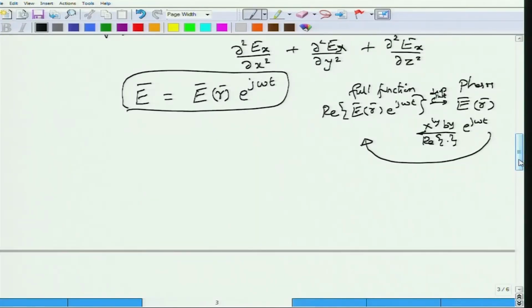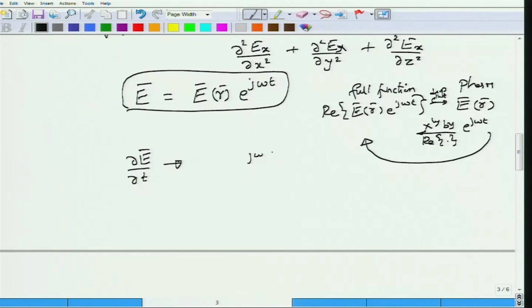So what would happen to this del E by del t now? Because E of r is independent of time, when you apply the del by del t operation onto E of r, nothing would happen, but when you apply del by del t to e power j omega t, it will pull out j omega into e power j omega t.